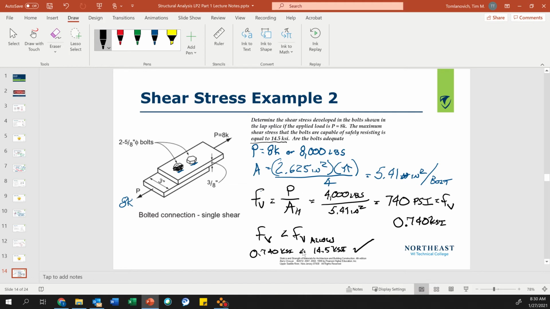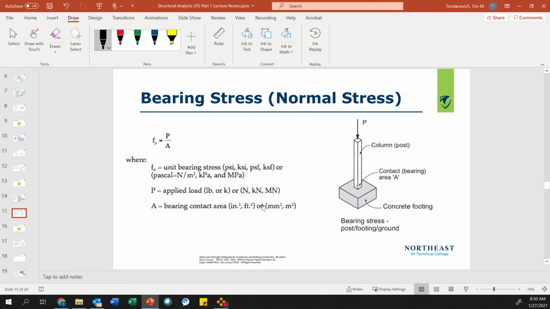So now we're into design mode. Okay? So where do these loads come from? Load tracing. All right, let's talk about bearing stress. Stress is stress. So remember that bearing pressure that you were dealing with in Learning Plan 1, Chapter 4, load tracing, that is a bearing stress. So that bearing capacity is actually an allowable bearing stress.